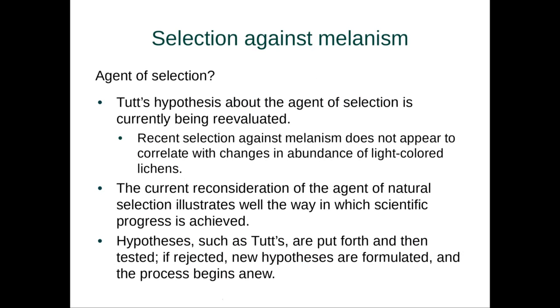You're going to learn about lichens in 4 classes or something like that. What people are seeing for lichens, these fungi, is actually the opposite pattern. So there's a little bit of back and forth between what Tutt saw and what we're seeing with lichen and what actually is the causative agent here. I just wanted to put that out there just so you know.